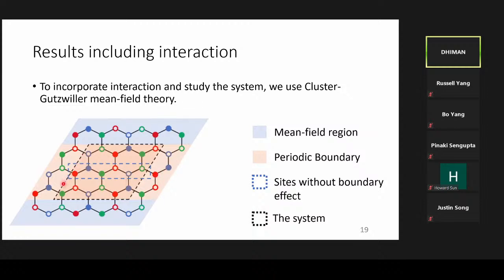The system is denoted by this black dotted boundary, where we have 18 sites and 3 different kinds of sites in the lattice, and we have sites without any boundary effect.